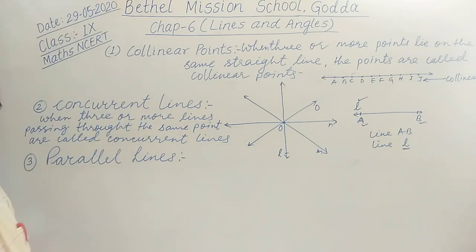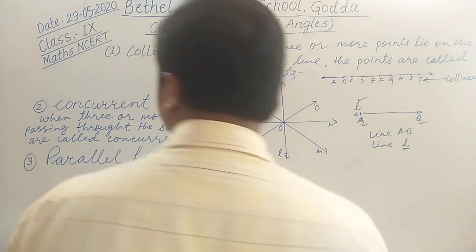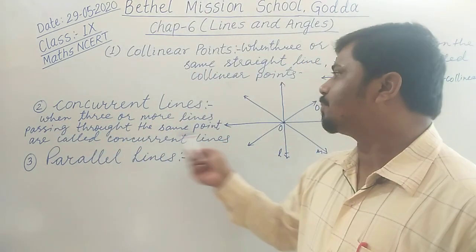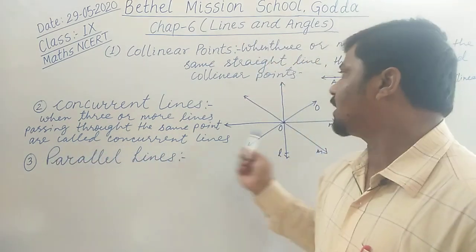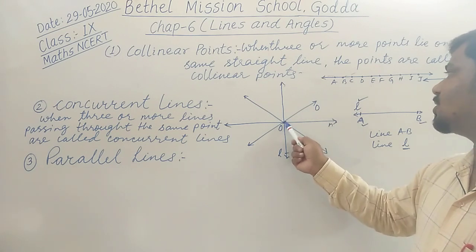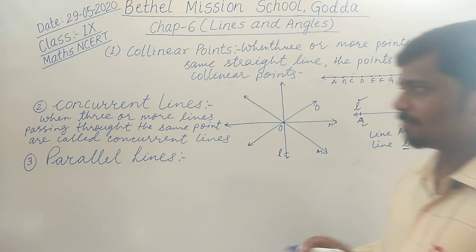Okay, understand? You can see L, M, N and O. These are the lines passing through this point. That's why this type of lines are called concurrent lines.